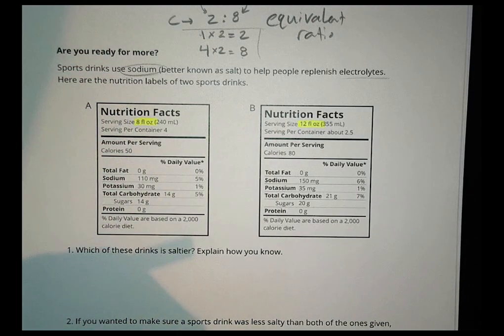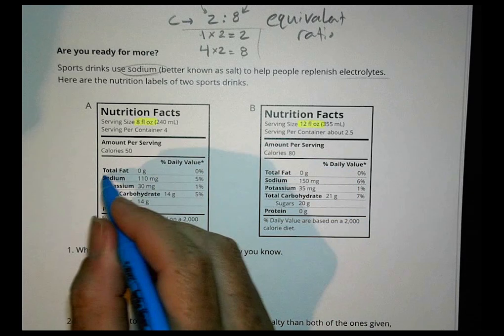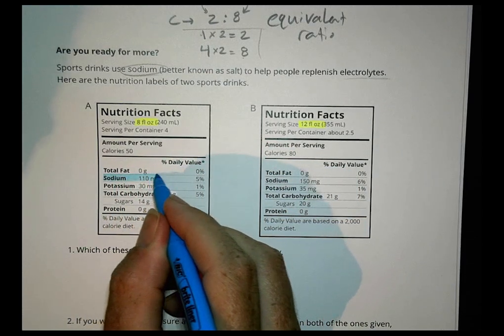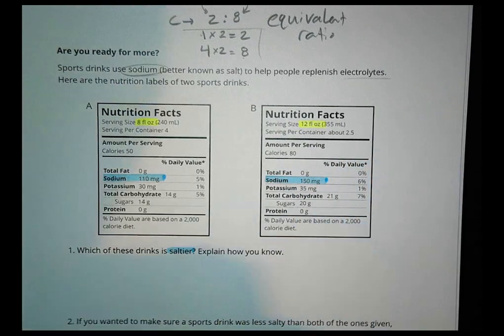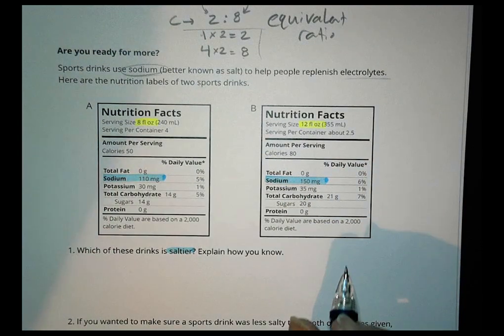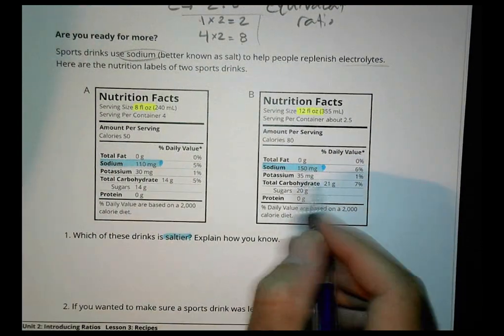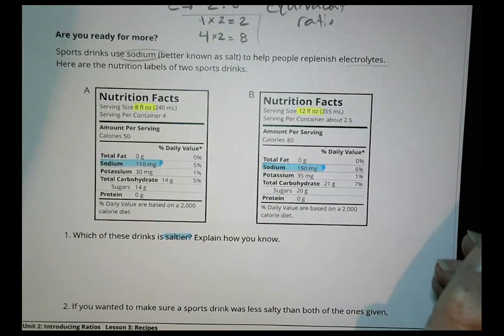It says, which of these drinks is saltier? Now saltier, we're talking about the sodium. So here's sodium for A, which is 110 milligrams, and B, which is 150 milligrams. Again, if you just looked at it first of all, you'd say, well, that has more. 150 is greater than 110, but this number is dependent upon how many ounces you are drinking.